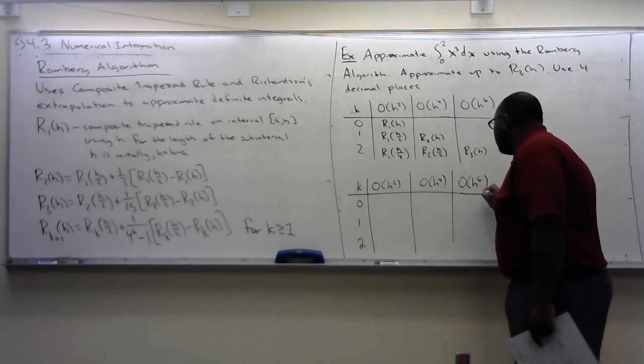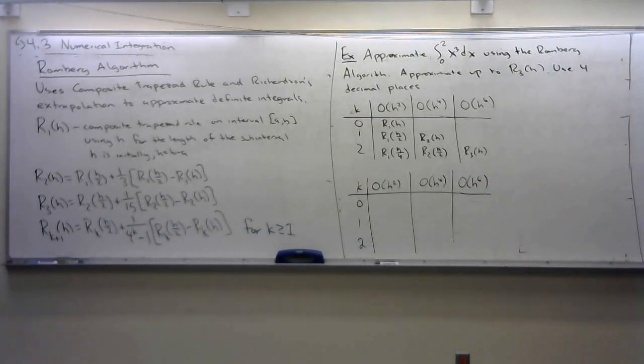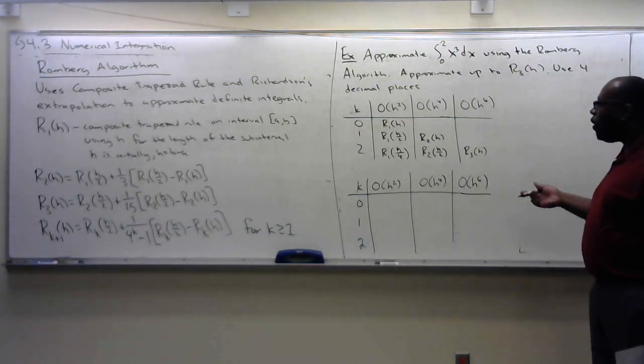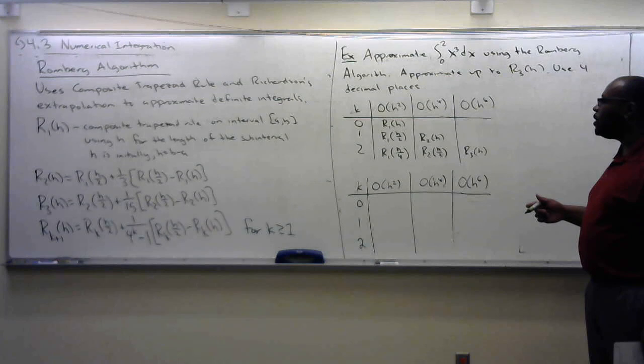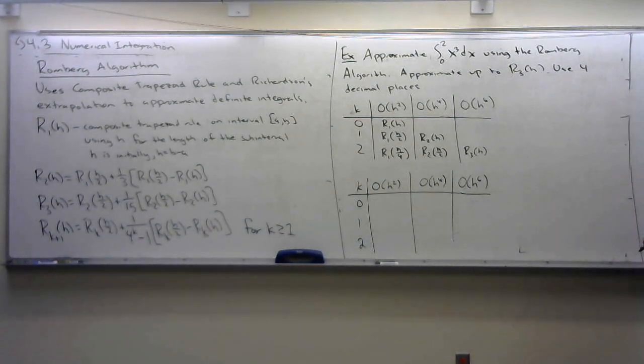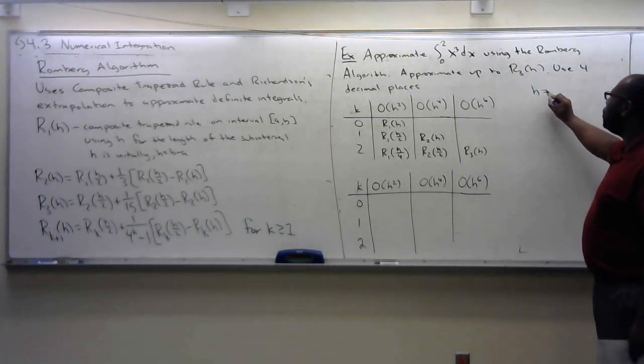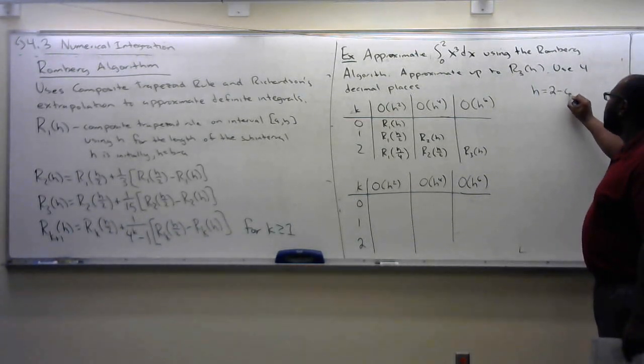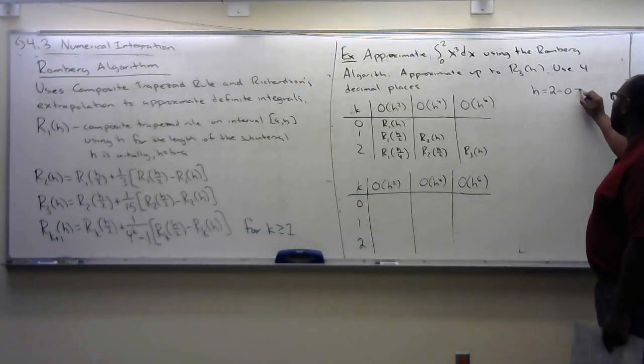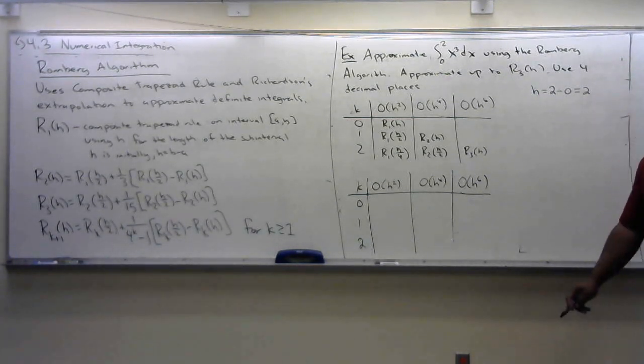Okay, let's put some numbers in there. We need to calculate R sub 1, h, R sub 1, h divided by 2, and R sub 1, h divided by 4. It would be nice to know what in the world h is, right? h is going to be equal to 2 minus 0, which is 2.